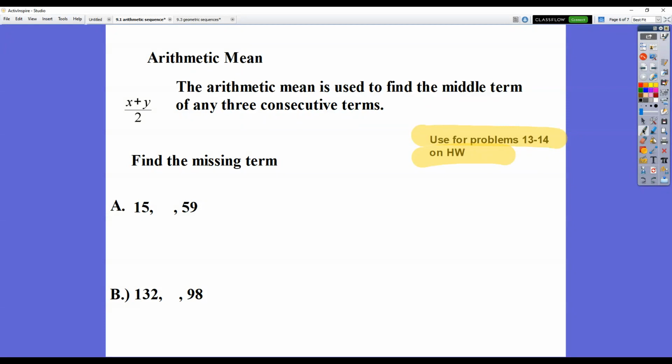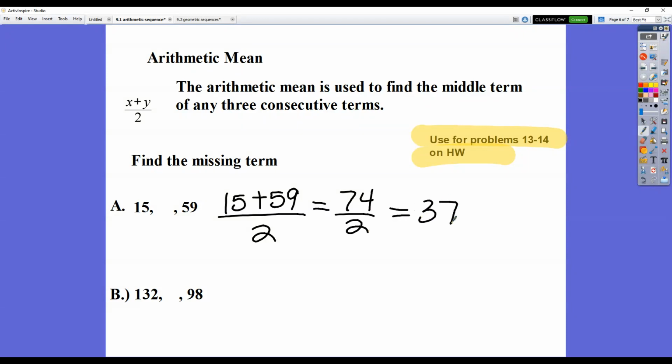So, find the missing term. 15 plus 59 divided by 2. So 15 plus 59 is 74. Half of 74 is 37. So this is the missing term.